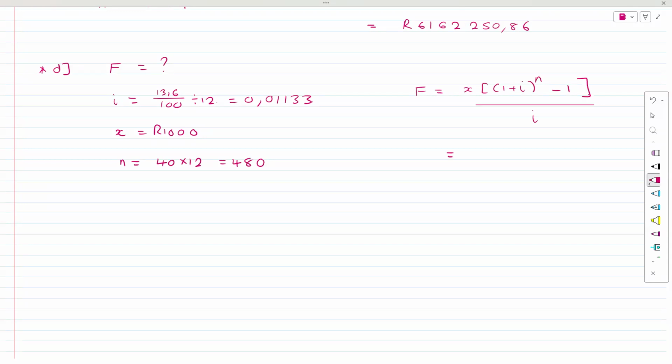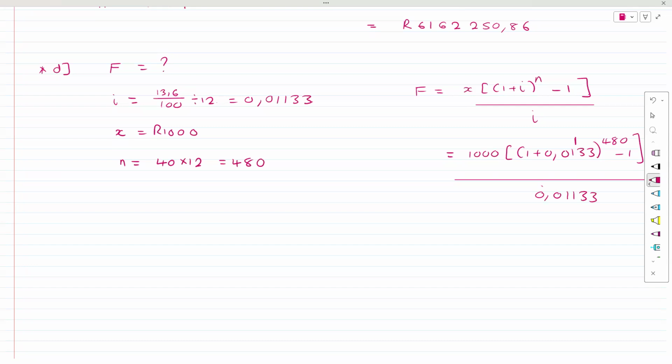We start working with questions like this. This would be 1,000 Rand. This would be 1 plus 0.01133, power of 480 minus 1, and that equals to I. Oh, 0.01133. I missed a 1 over here, guys.